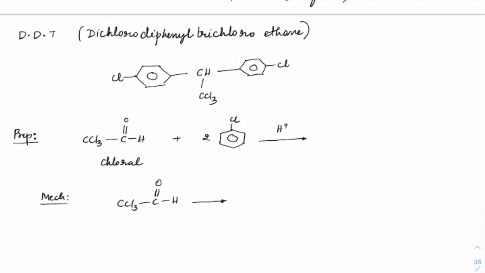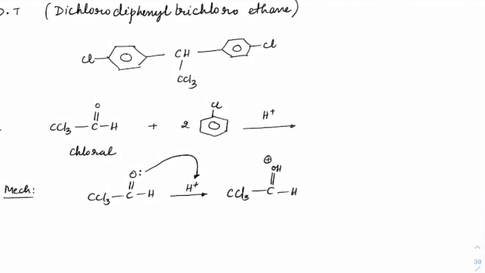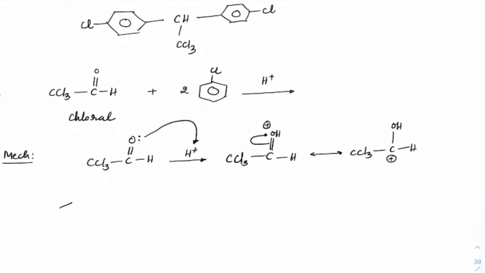So in acidic medium, the lone pair on oxygen will attract this proton, and you'll get C double bond OH plus and H. Now since oxygen has got a positive charge, even if it takes electrons, we can have this resonating form, which is CCl3 C OH H plus, which means this carbon has sufficiently positive charge present on it, and that is good enough to act like an electrophile to make an electrophilic aromatic substitution.